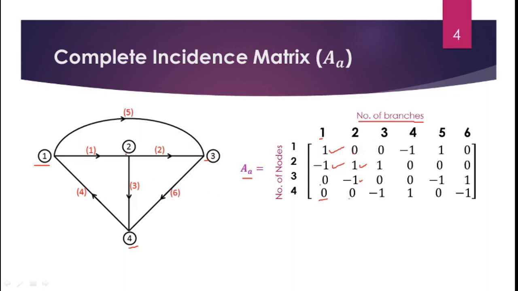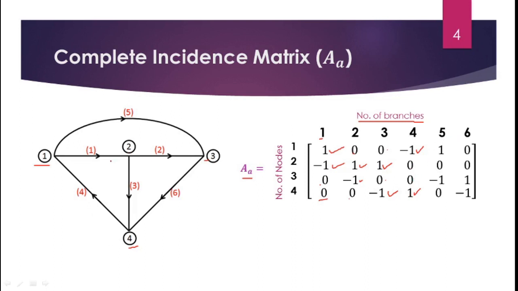Branch 3 is outgoing for node 2, so that is +1, and incoming for node 4, so that's why it is -1. Remaining are 0, 0. Branch 4, outgoing for node 4, so +1, incoming for node 1, -1. Node 2 and node 3 are not related, so 0, 0.